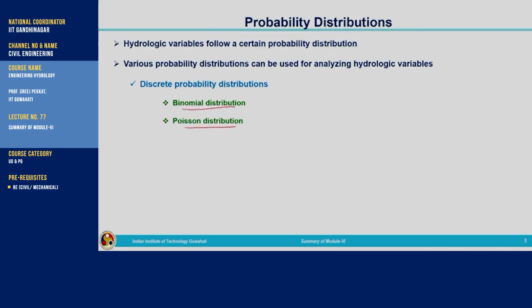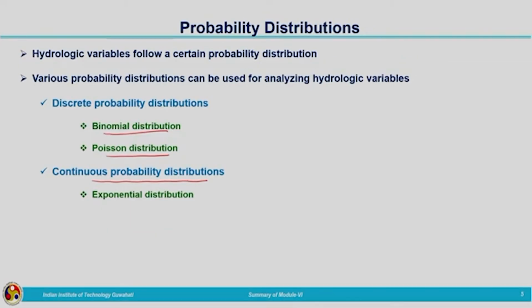While talking about the continuous probability distributions, we have completed exponential distribution, gamma distribution, normal distribution and Gumbel distribution. All these distributions we have discussed at a superficial level. We haven't gone into the concepts related to these distributions in an in-depth way. Whichever minimal way we wanted to use in hydrologic perspective, we have covered in the previous lectures.